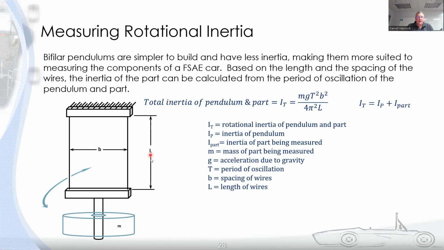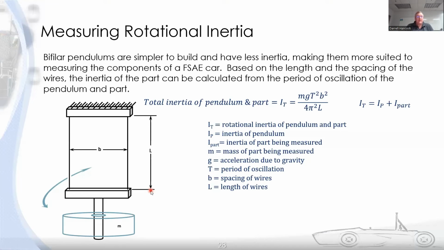A couple of caveats. In practice, you want this L dimension to be much longer than the width here. I ran out of slide space, so I have a nearly square pendulum, but you want the length to be longer. And by having the length of your cables longer, it also increases the period of oscillation, so it's easier for you to time that.